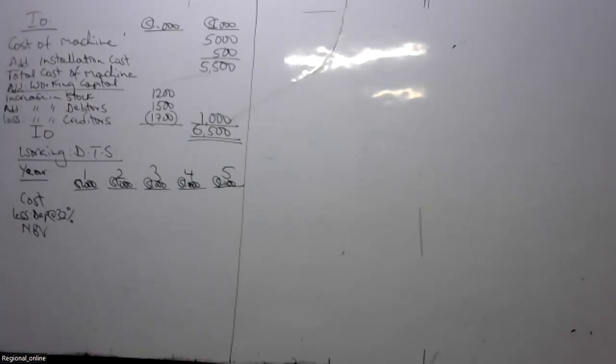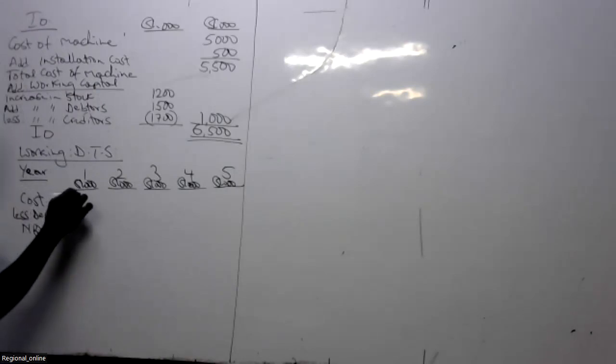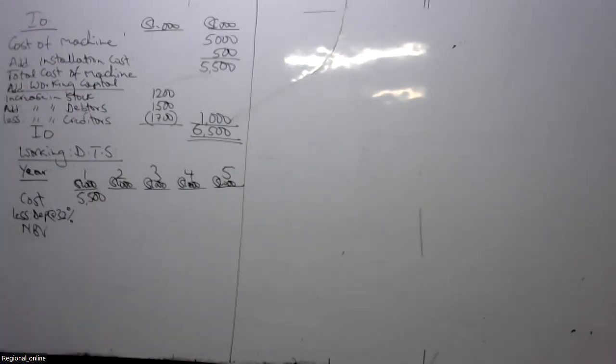It can only be 5,500: the purchase price plus the incidental costs. Had it been straight line, you would have to depreciate. So as we start the first year, the cost is 5,500. Depreciate at 32%.